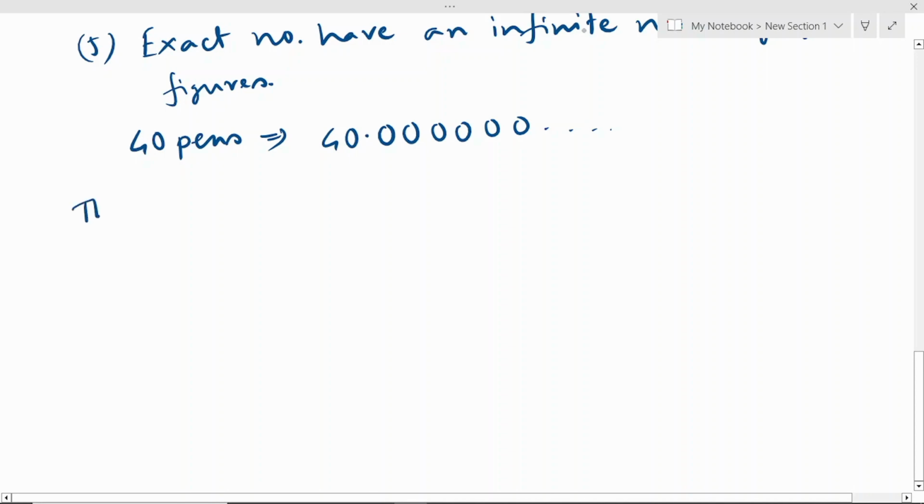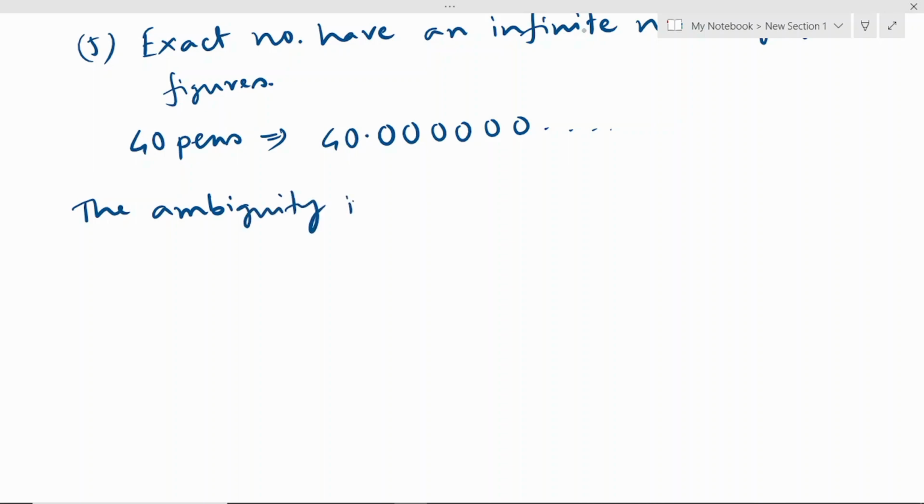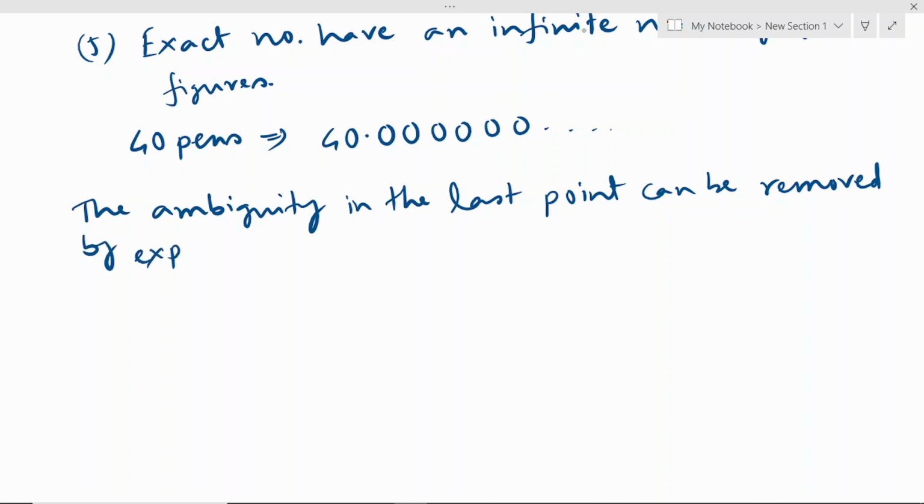The ambiguity in the last point can be removed by expressing the number in scientific notation.